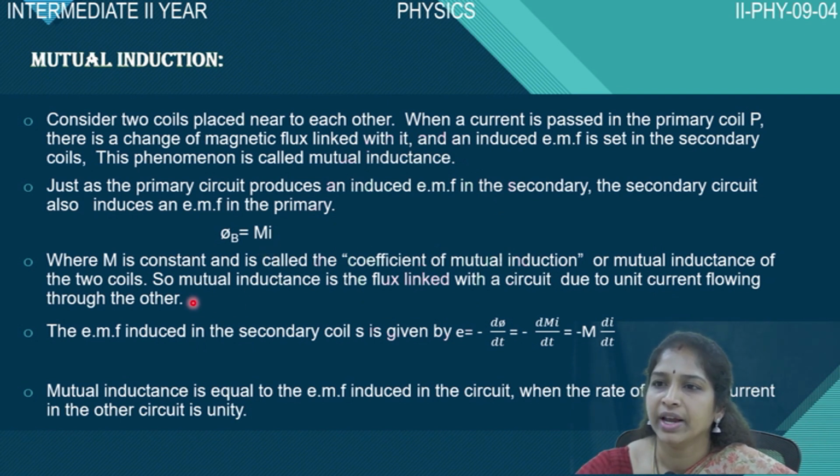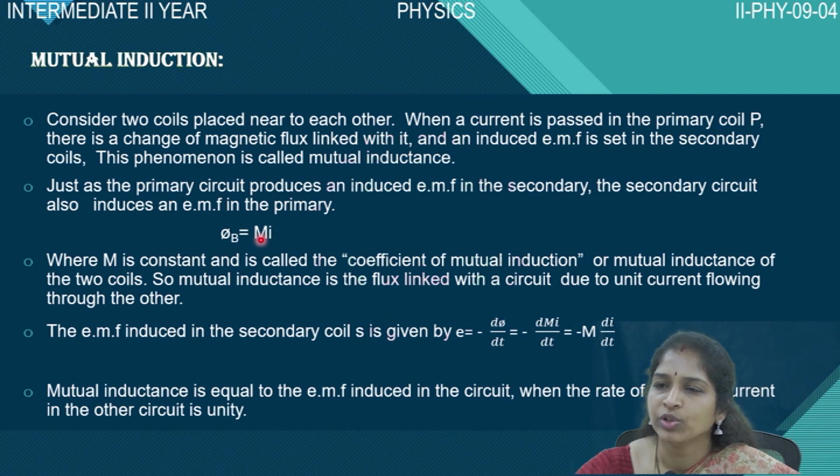So the mutual inductance is the flux linked with a circuit due to the unit current passing through the other. How can I say the unit current? See, if I substitute I equals 1 ampere here, I can write phi B equals M.